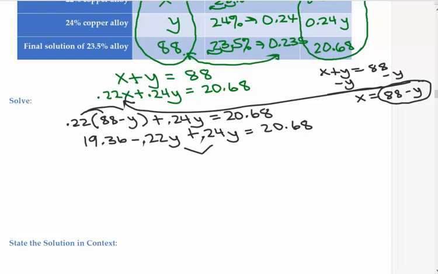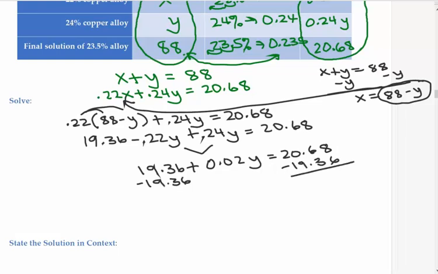That's going to give me positive 0.02y. So I've got 19.36 plus 0.02y, when I combine those together, equals 20.68. Let's subtract that 19.36 over. So I get 0.02y equals, let's see, when I subtract those, what do I get here?